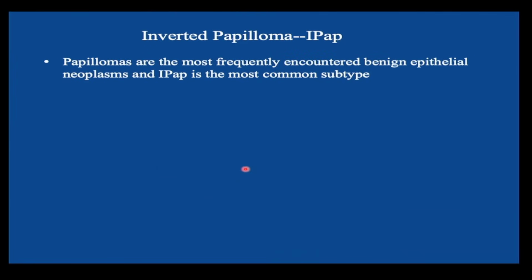Mind you, a general radiologist will report an inverted papilloma when it is only in the nasal cavity and maxillary sinus. I'll show you that companion case as a polyp, because many times you don't do contrast CT. So inverted papilloma is a Schneiderian papilloma, which is the most frequently encountered benign neoplasm. Did that lesion look benign? It didn't.